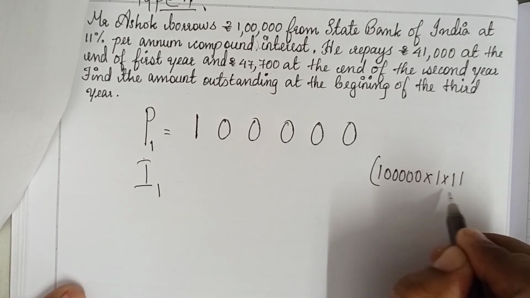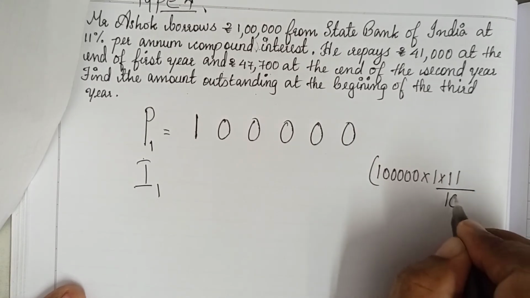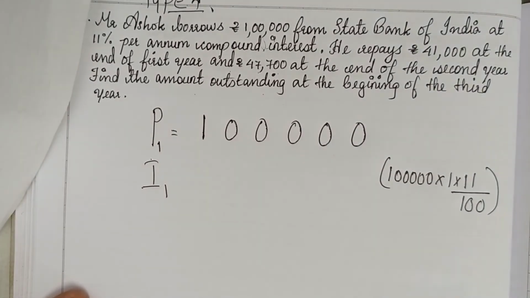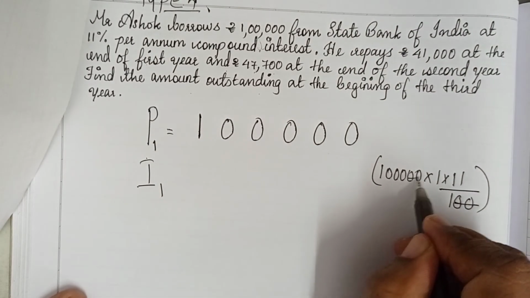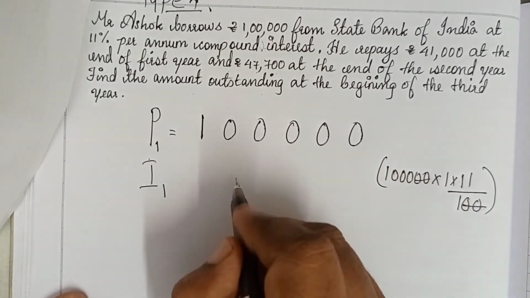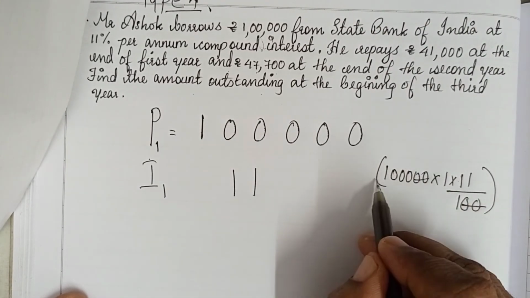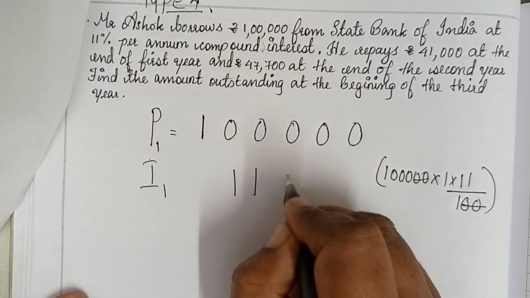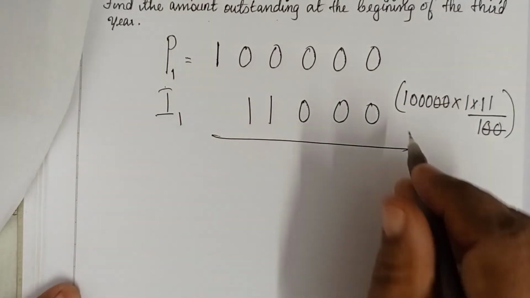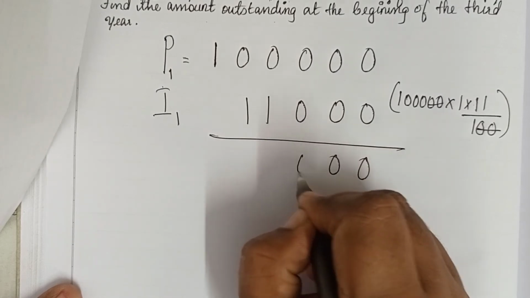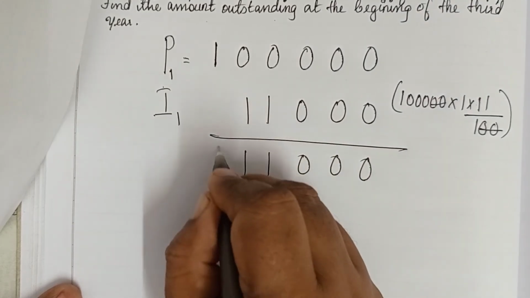The bank charged 11% rate. Cancel two zeros. Then 1 into 11 is 11, with 3 zeros. On adding, the answer is 111000.